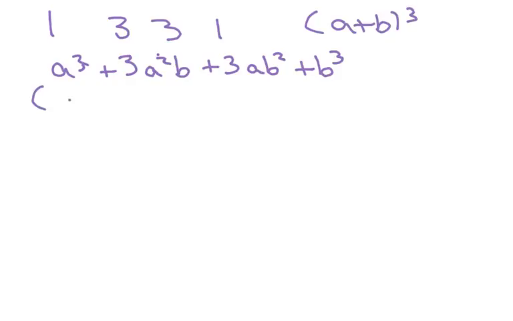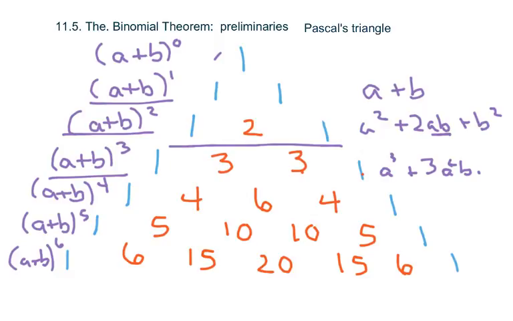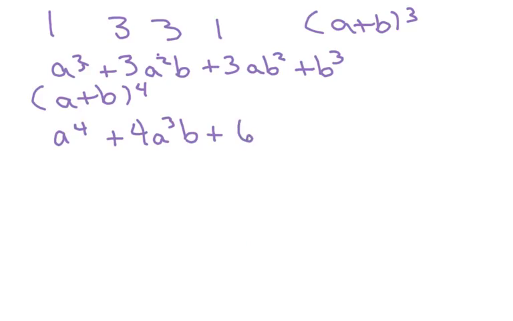Now, for a plus b to the 4th, we have a to the 4th plus 4a cubed b plus, what do we have? We have 4, 6, and 4, plus 6a squared b squared plus 4, we're going back down, ab cubed plus b to the 4th.